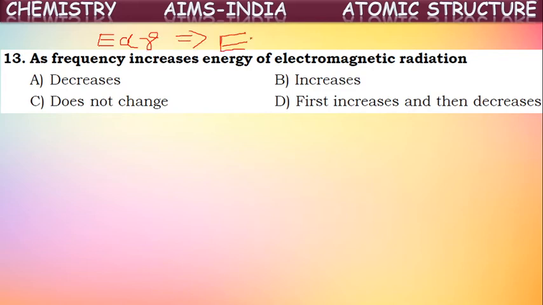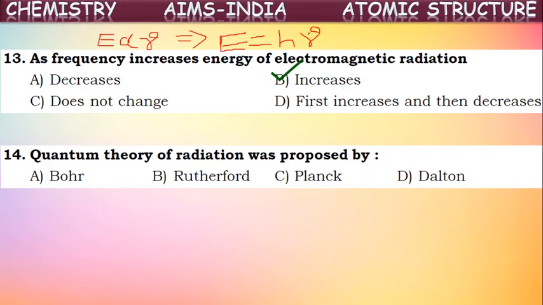So from this we can say frequency is directly proportional to energy. If frequency is greater, energy of the radiation also will be greater. That's what they're asking here. If frequency is increasing, then energy of the electromagnetic radiation also increases, because both are directly proportional to one another. Increases.